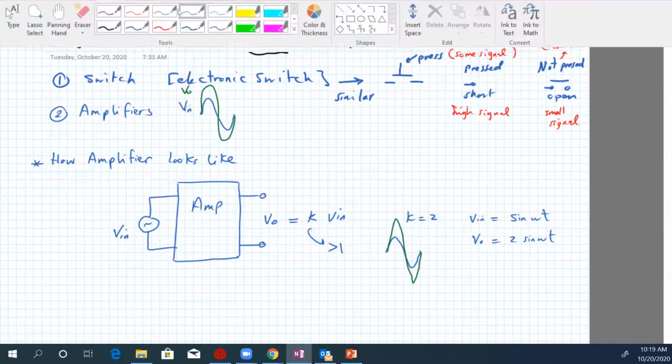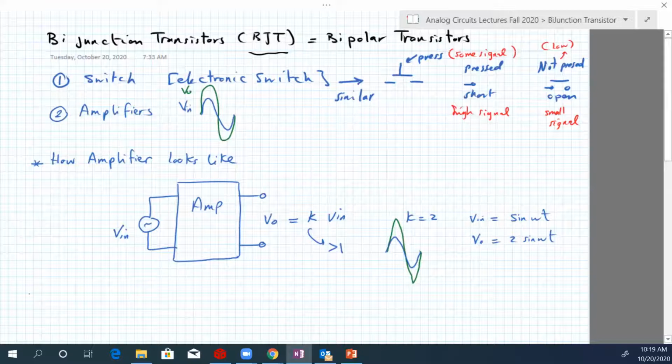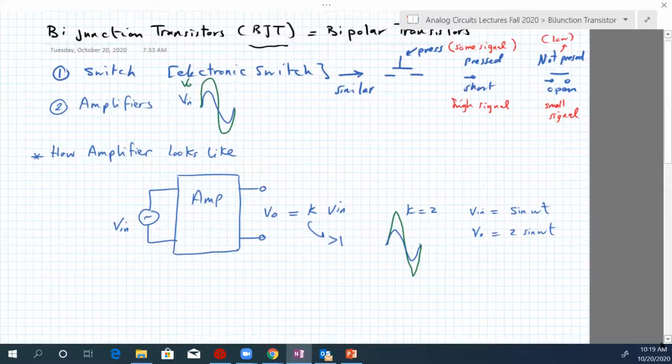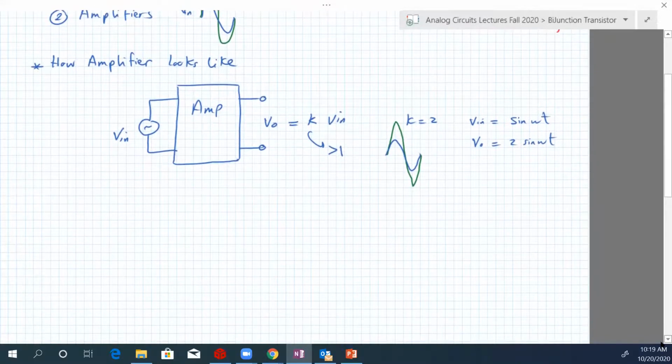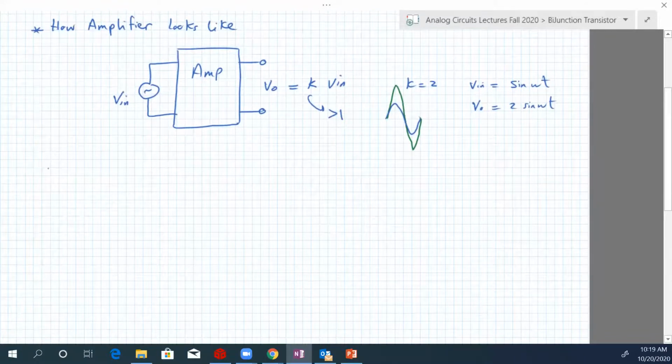Okay. So before going into transistors, I'm going to give you an idea how we can build this amplifier using some common elements in circuit theory. We can do that basically using a voltage dependent current source.